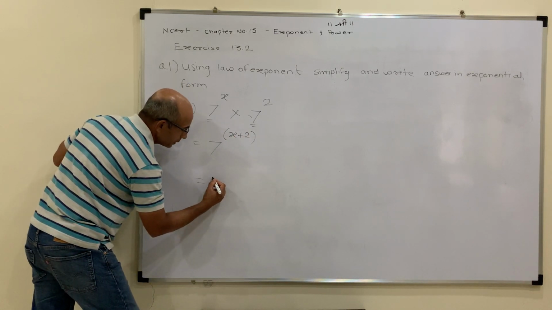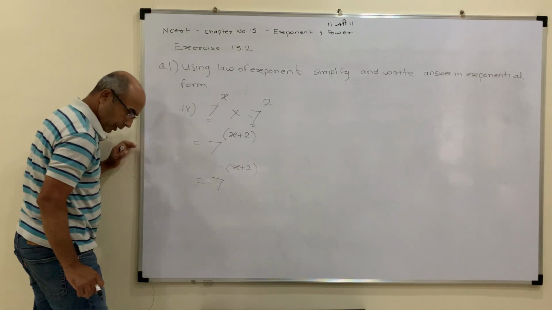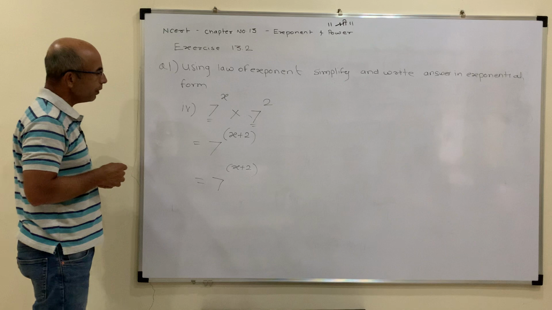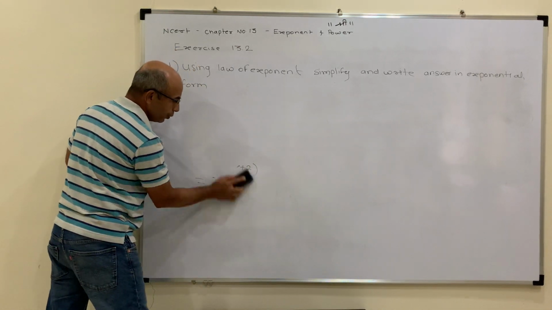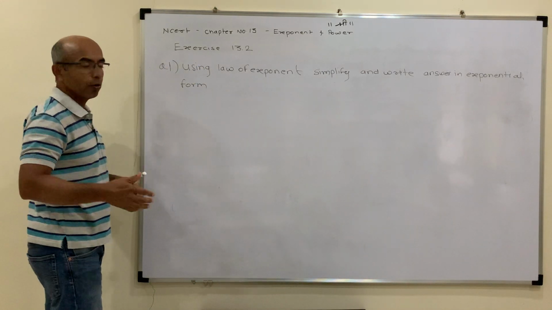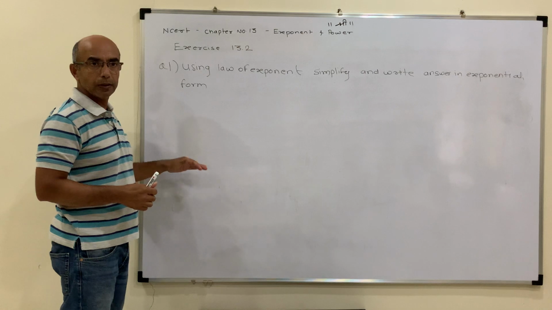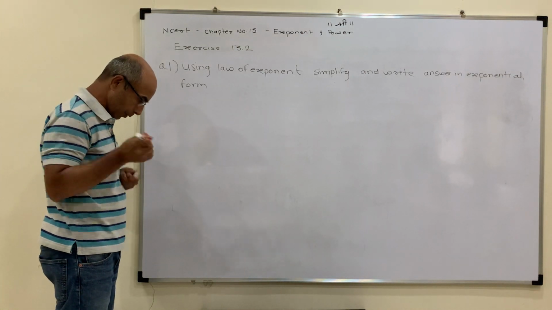So my ultimate answer is 7 raised to x plus 2. Now I'll move on to the fifth one. Since I already told you the page number and exercise, you can solve the complete question set, and then you can play the video and check as well. So you already have a copy of the book with you.